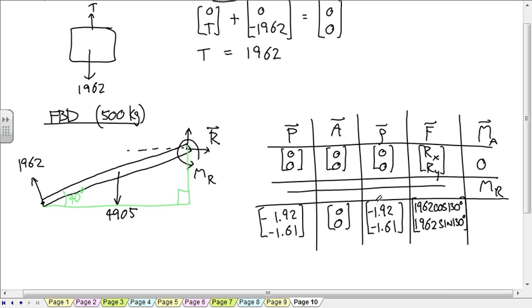Or you could just recognize it's going to be a moment producing a clockwise rotation about the about point with a magnitude of 1962 times 2.5. So what's 1962 times 2.5? 4905. And it would produce a clockwise rotation, so that's going to be negative.